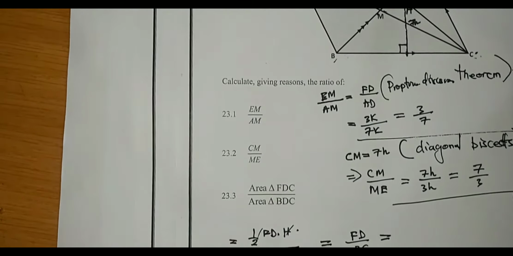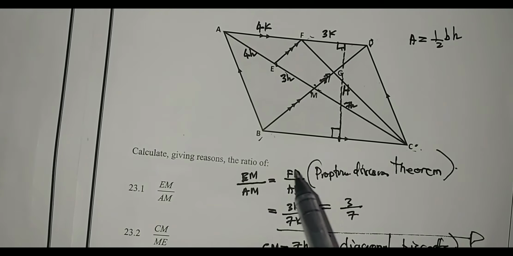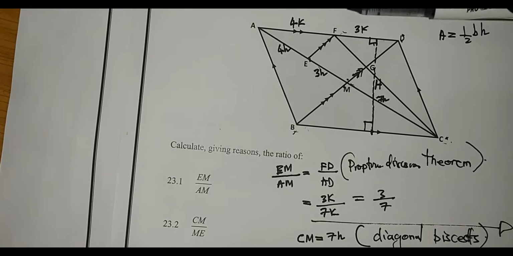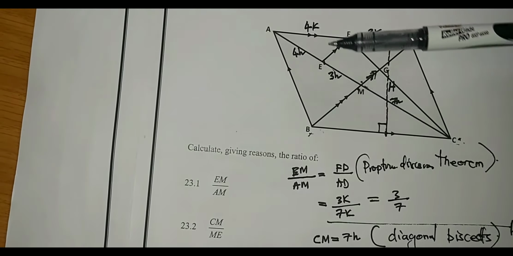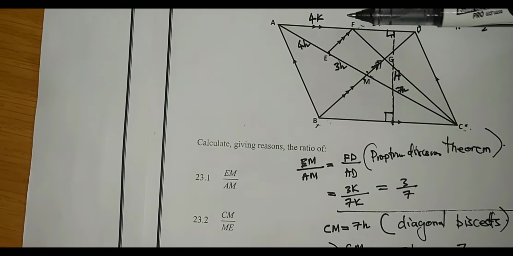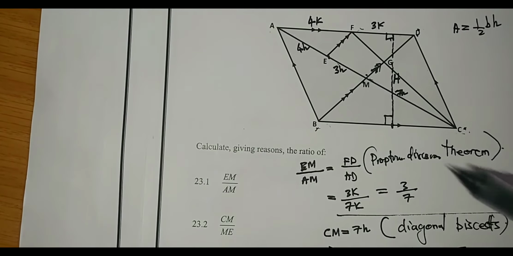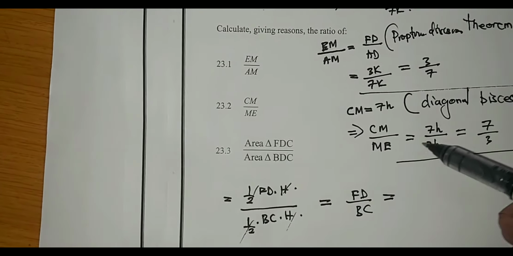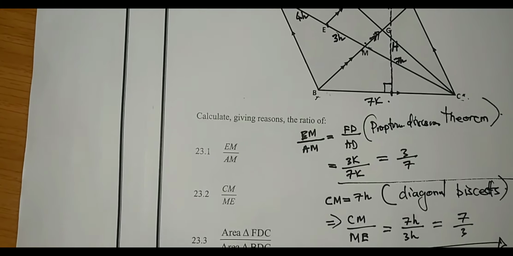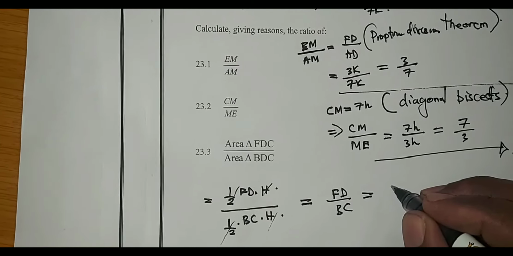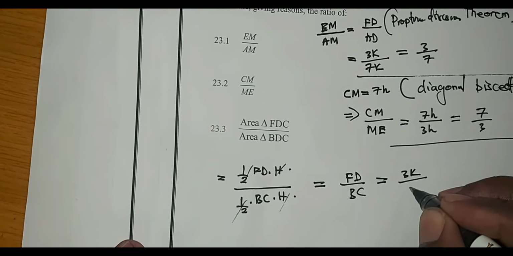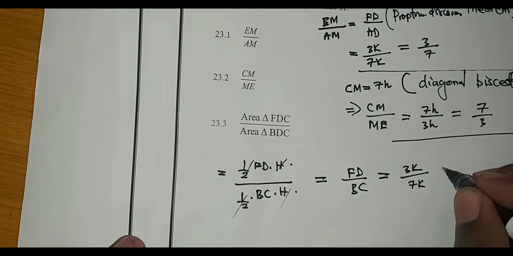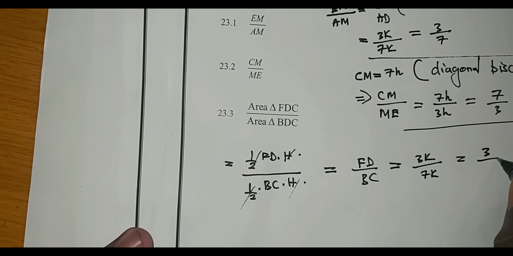Showing again on the diagram, FD is 3K, and BC, in a parallelogram, opposite sides are parallel and they are also equal, so from here to there it's 7K, which means BC is also 7K. So we are saying FD is 3K, so it becomes 3K over 7K, which is equal to 3 over 7. Good.